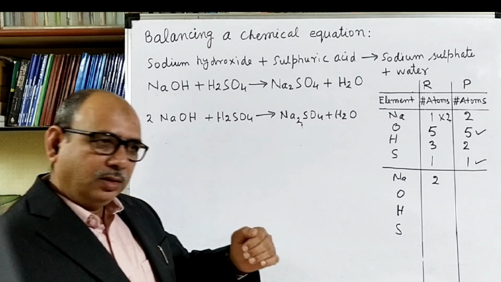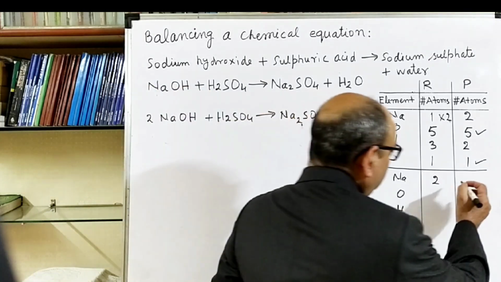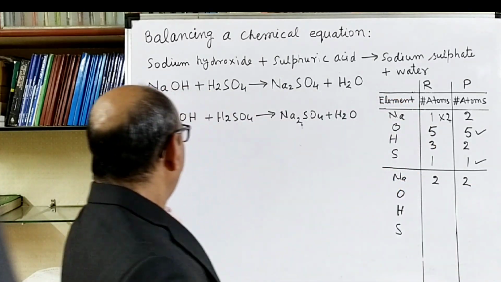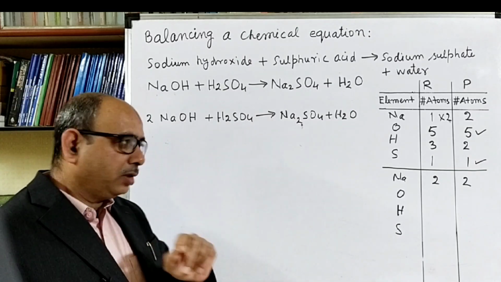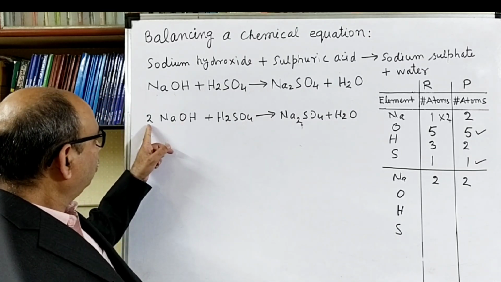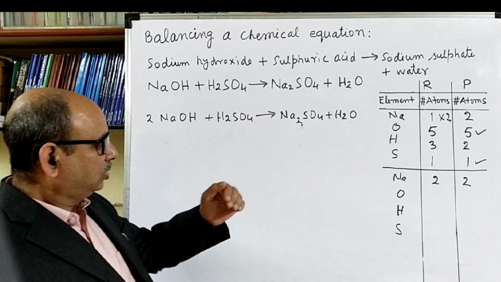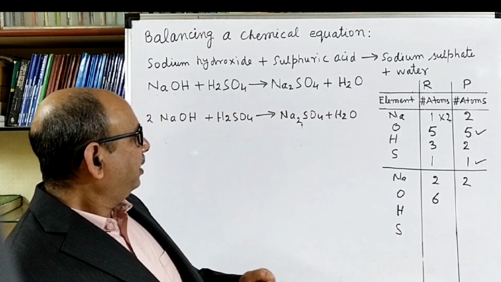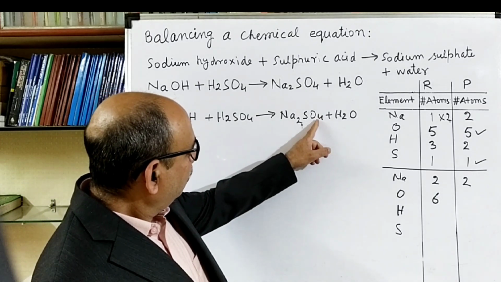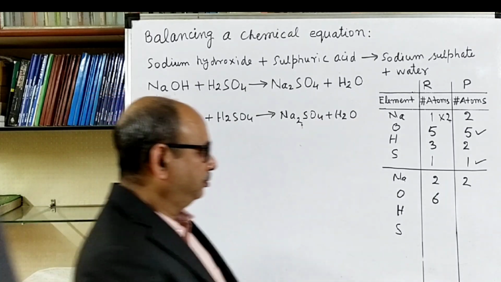On the product side, it is also 2. That means it is balanced. Oxygen: now this oxygen becomes 2 atoms. 2 plus 4, 6. And on the product side, it is 4 plus 1, 5.